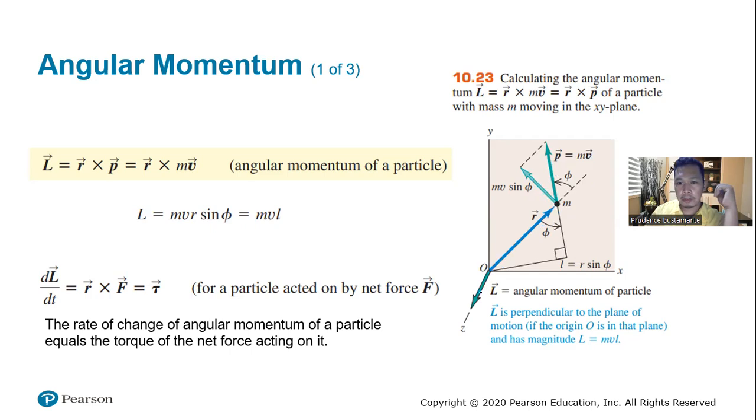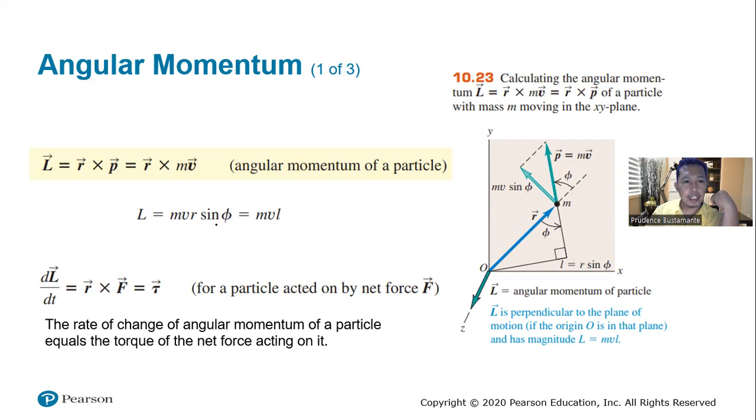So this is equal to mv r sine phi, where phi is the angle between r and momentum p.